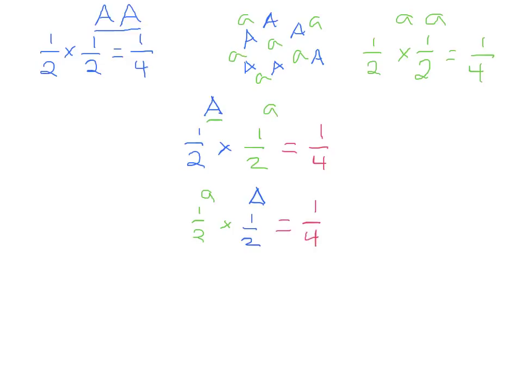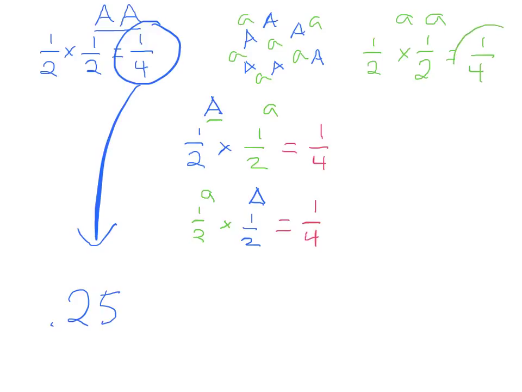So in predicting the genes of the next generation, we have that 25% are going to be homozygous for blue eyes, and that's represented by 0.25, and 25%, 1/4, are going to be homozygous for green eyes, recessive, so that's 0.25 here.